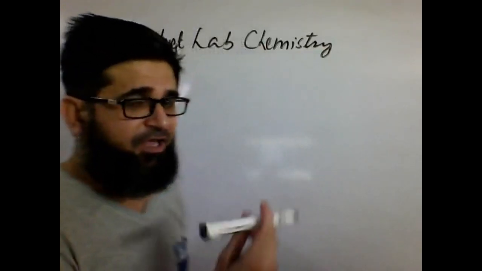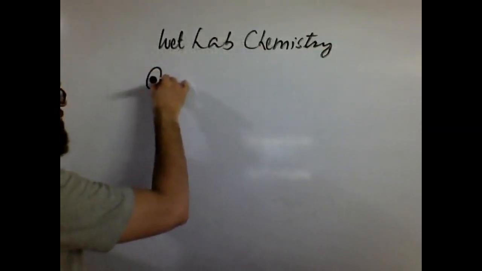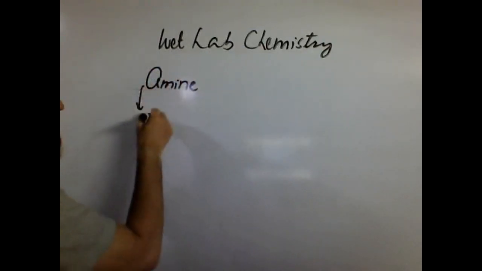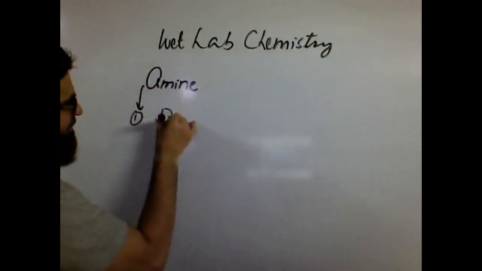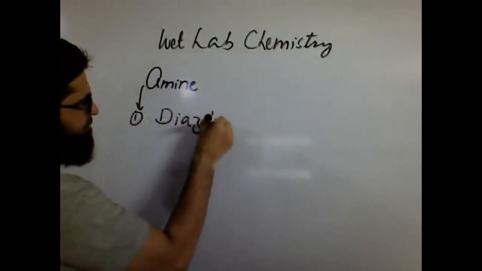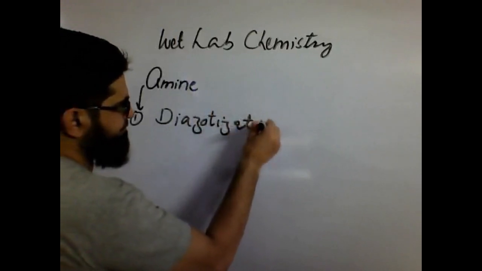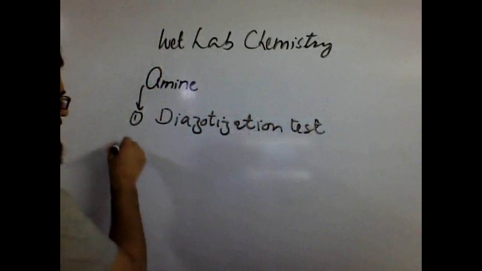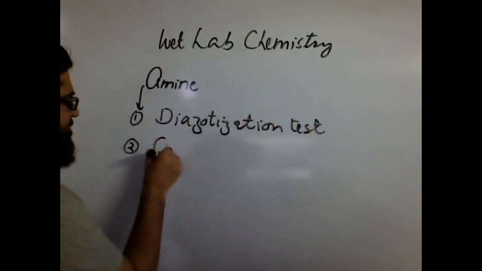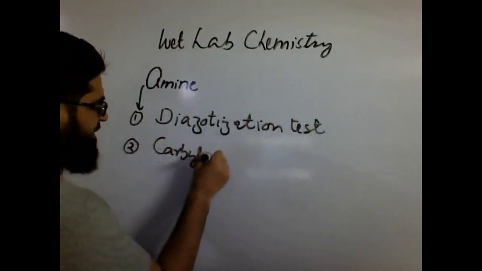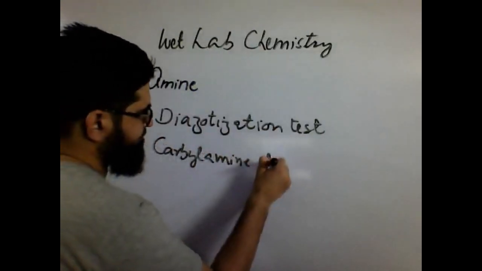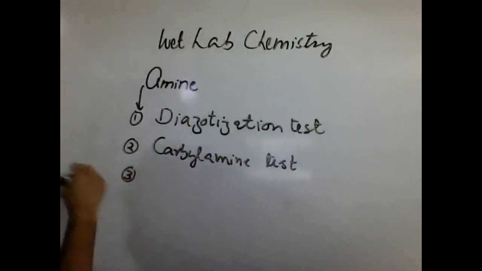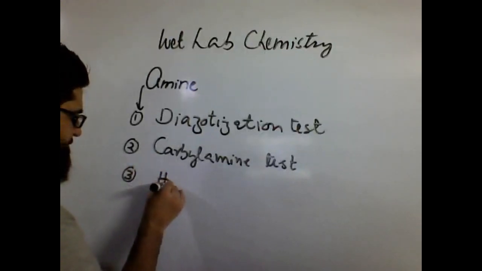In case of amines, I have explained in detail that those could be confirmed by three tests: the diazotization test, then the carbylamine test, and the third was the Hinsberg test.